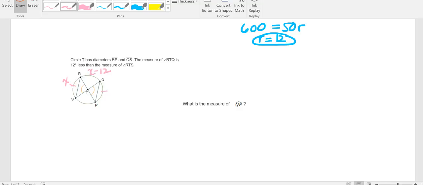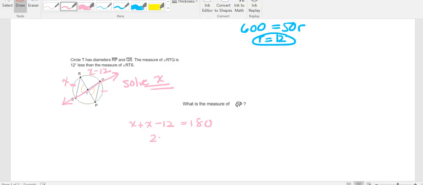The first thing we want to do is solve for x. Since arc RS and arc QP are congruent, both of them are equal to x. I want to use the idea that since this is a diameter, this half circle is equal to 180. So that's x plus x minus 12 is equal to 180.